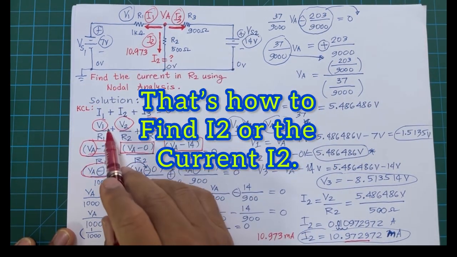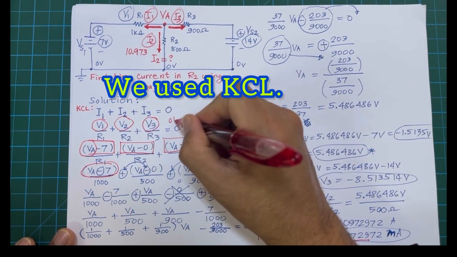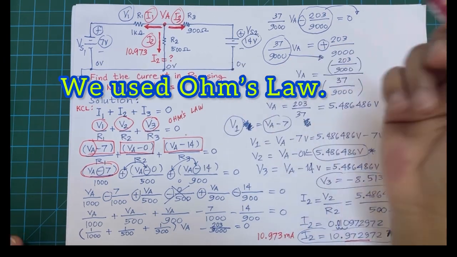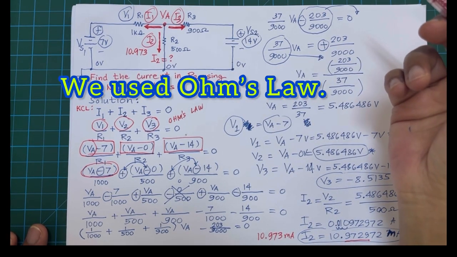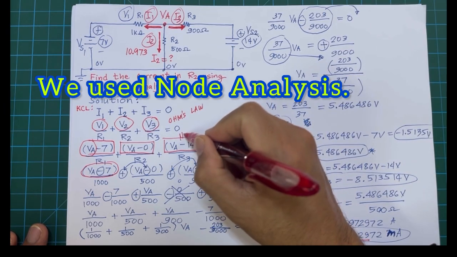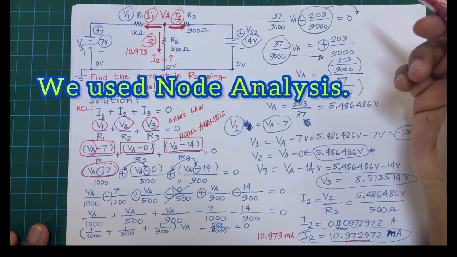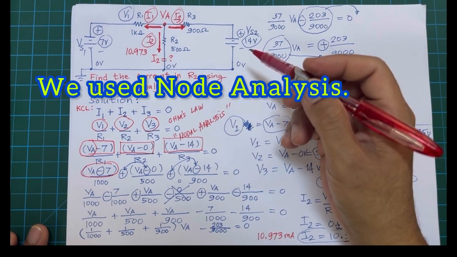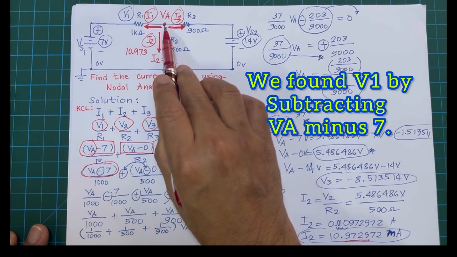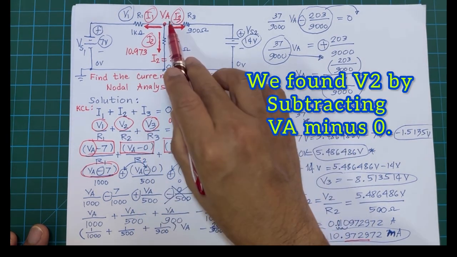So let's have the review or summary of how we found I2, the current I2. So again, we first used Kirchhoff's current law, and then we used Ohm's law to get the I1, I2, and I3, but we still don't know V1. So we use node analysis and we look at VA, and since the currents are going outward here, that will be easier to calculate.